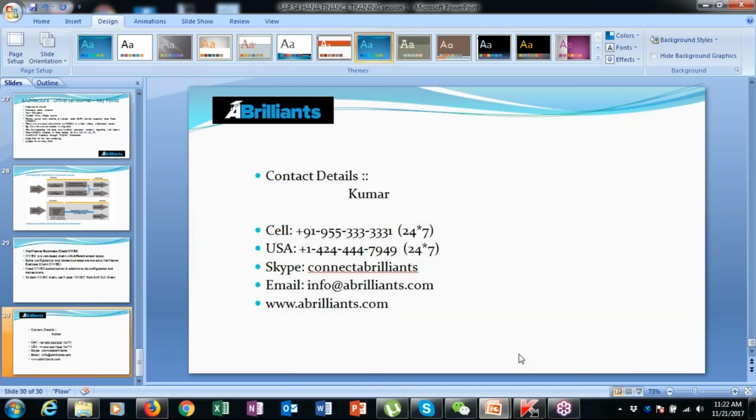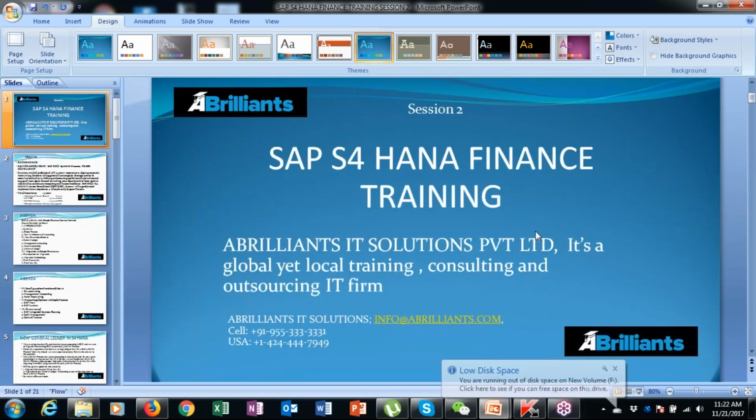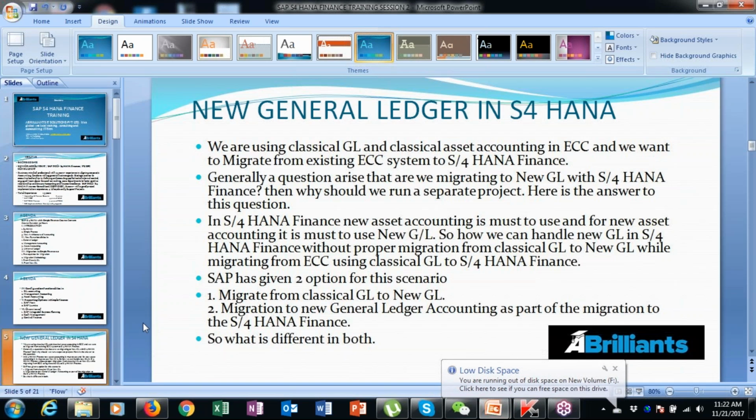Today we'll be much more interested in looking at one of our principal concerns, which is the functionalities of the new general ledger in SAP HANA.